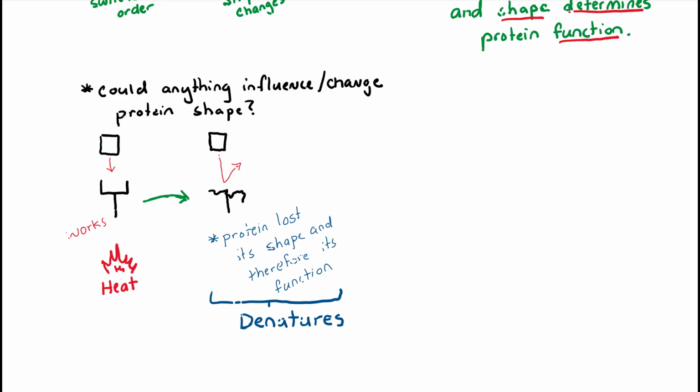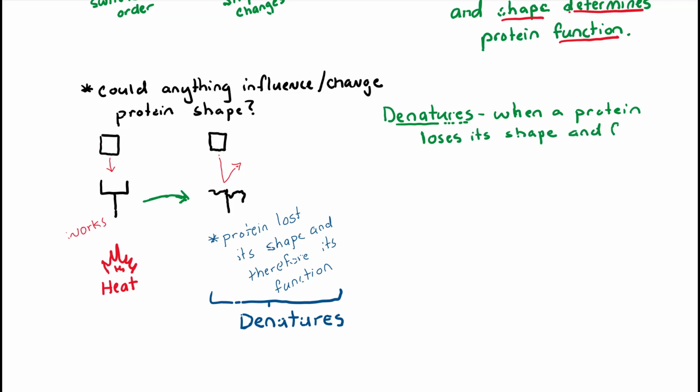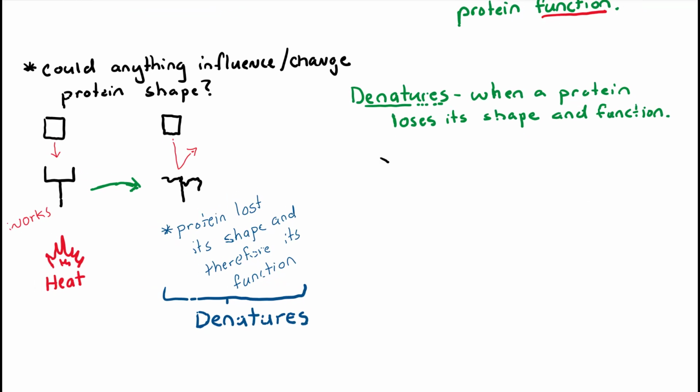So let's make a little note of this on the side. Denatures, this is when a protein loses its shape. And underneath this, we're going to write 3 factors that cause proteins to denature. So what causes a protein to denature?